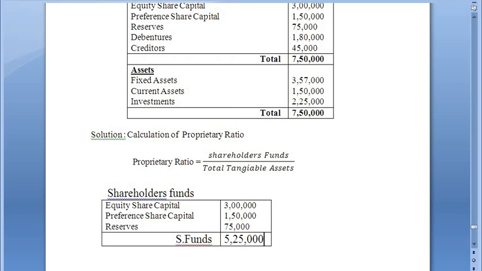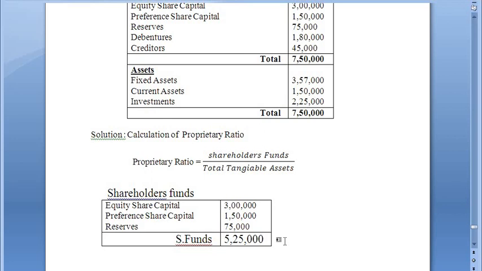In the problem they have not given the amount of goodwill, preliminary expenses or any other fictitious asset. So whatever total is there, that only will be the shareholders funds. Next one, the amount of total tangible assets.